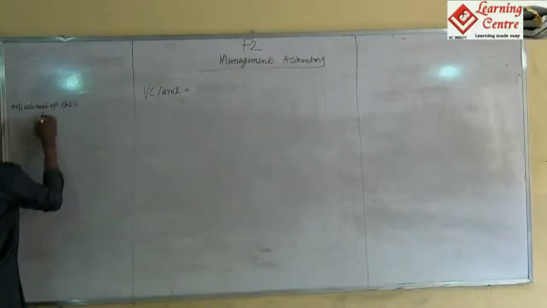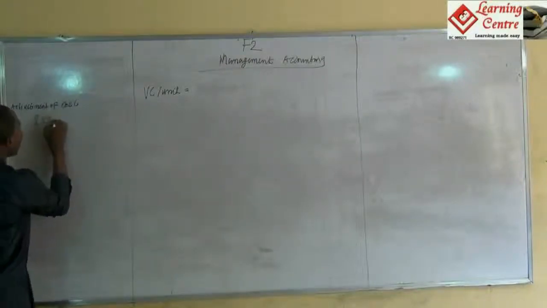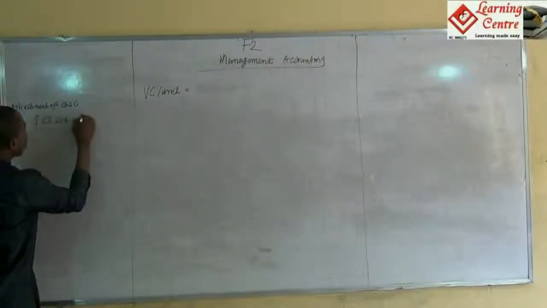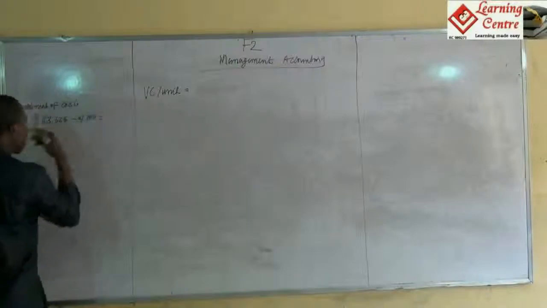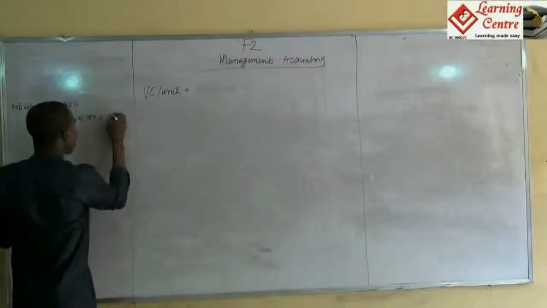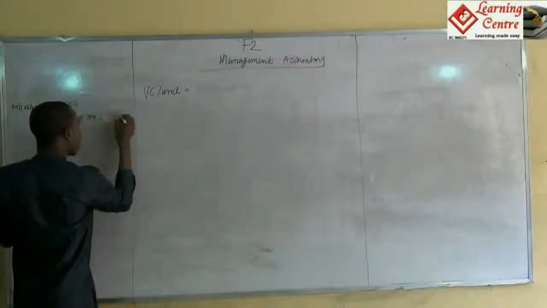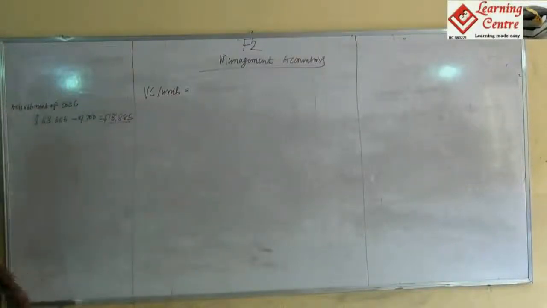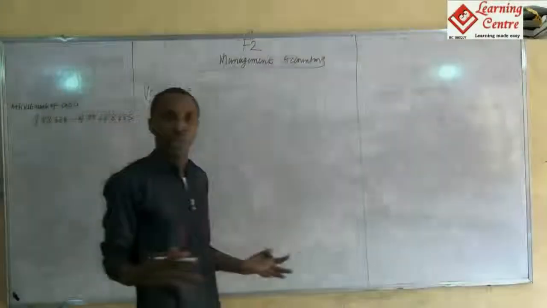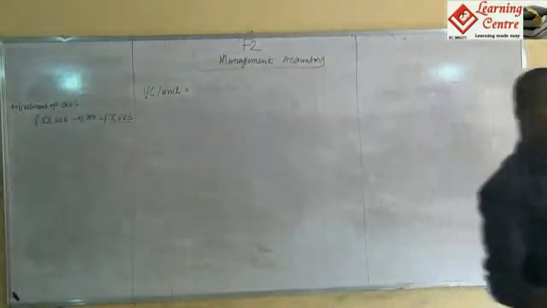So I do 83,585 minus 4,700, which will give me 78,885. That is the new cost that I've adjusted so as to suit calculating my variable cost per unit.